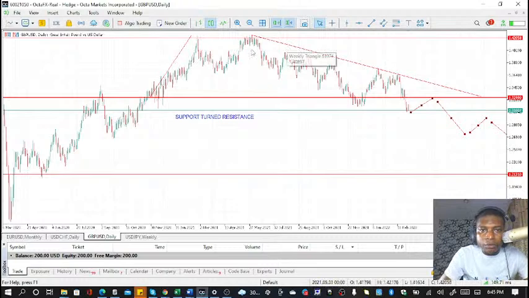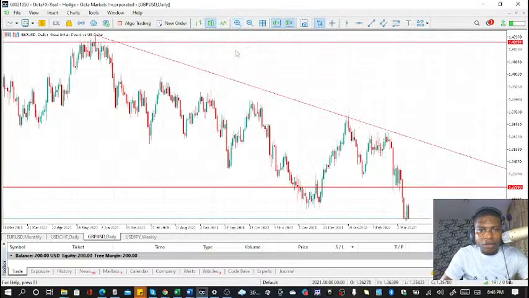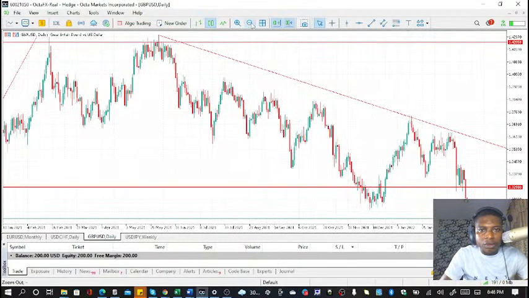All right, so now from this level here, I believe you can see it clearly. From this level here, we can see something different. So let me clear up the chart, clear up all these lines. Good. Now we are on the daily chart.